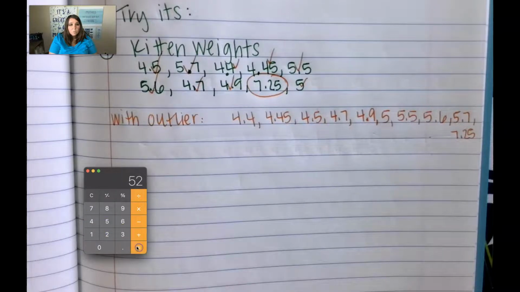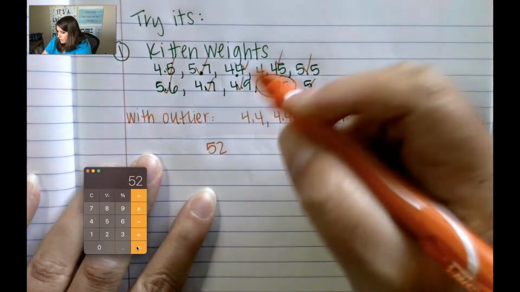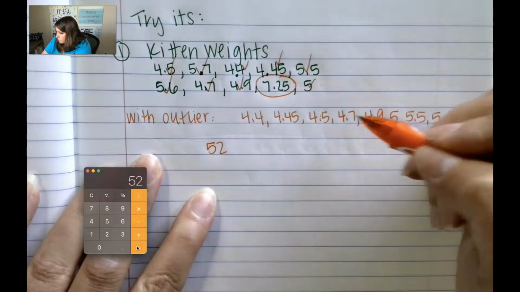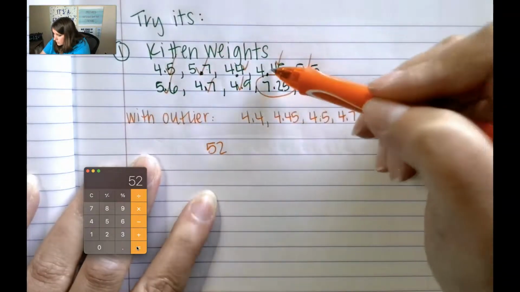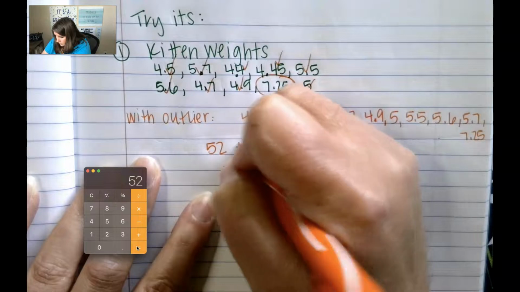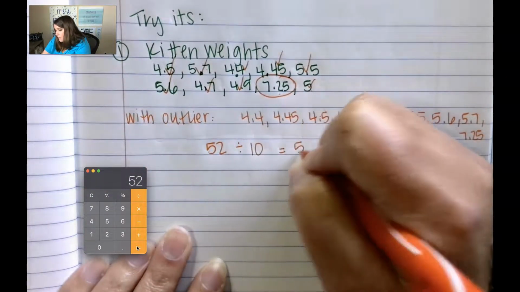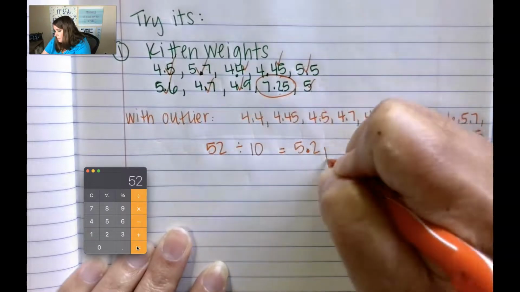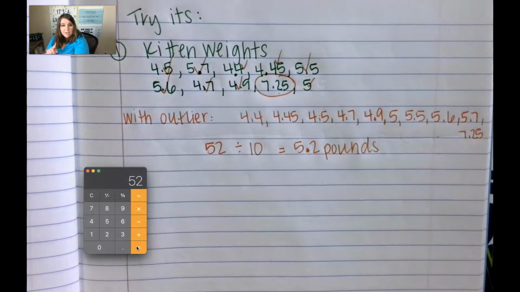So here it is with the outlier. We get 52. And there are 1, 2, 3, 4, let's go up here, 1, 2, 3, 4, 5, 6, 7, 8, 9, 10. Divide that by 10. Move our decimal point over 1. 5.2 pounds. 5.2 pounds with the outlier.